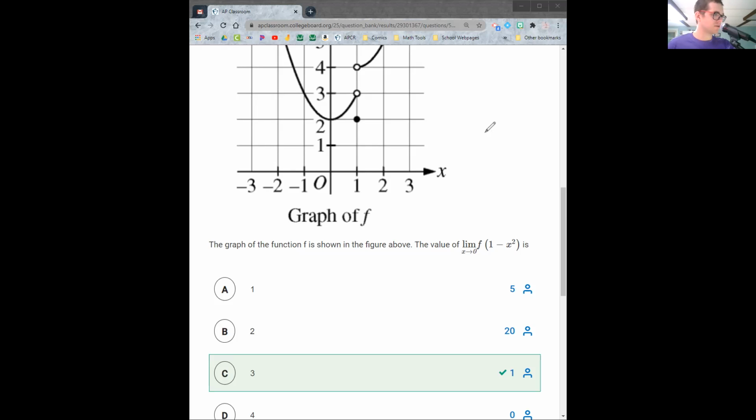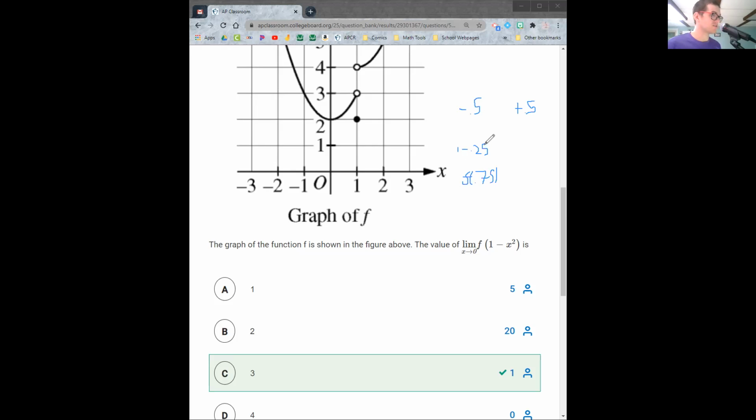So if I approach 0 from the left, let's say I'm using negative 0.5 and positive 0.5. Let's see what happens. Again, this is probably still too large, but it'll help illustrate what's going on. If I plug in this number to here, I'm going to get 1 minus 0.25. So then I'm looking at f of 0.75.